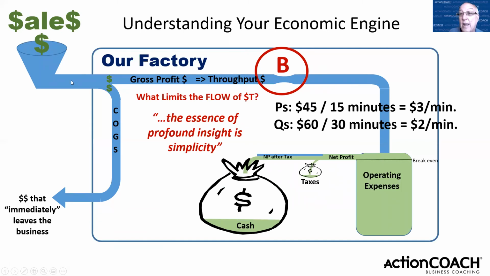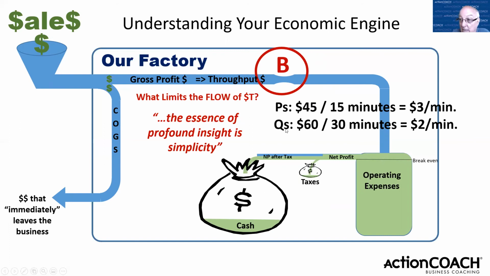That's revenue minus cost of goods sold, which in this case is simply $45 material costs. So $45 throughput dollars divided by 15 minutes processing time at B means that P's are allowing throughput dollars to flow into our operating expense tank at a rate of $3 per minute.